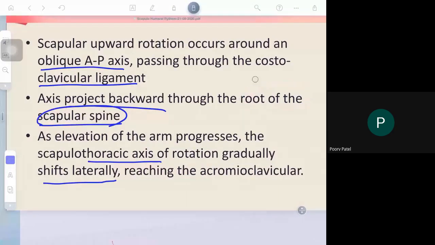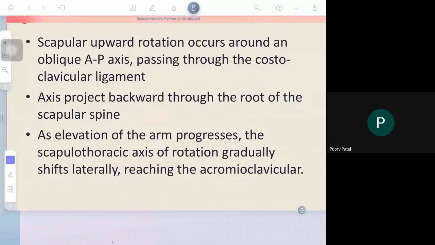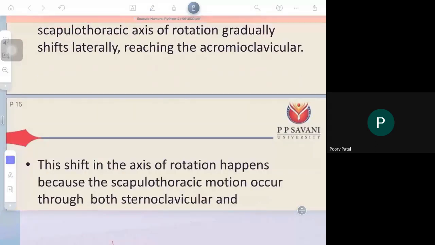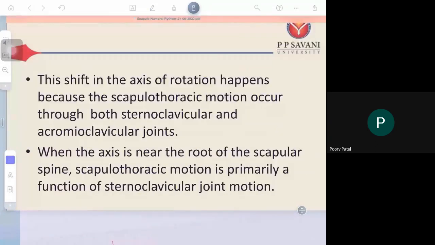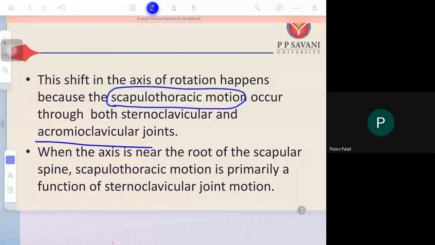Yes, sir. Okay. So now, this shift in the axis of rotation happens. Why? Because we already know that the motion occurs in two joints. One is scapulothoracic motion, the other is acromioclavicular motion.